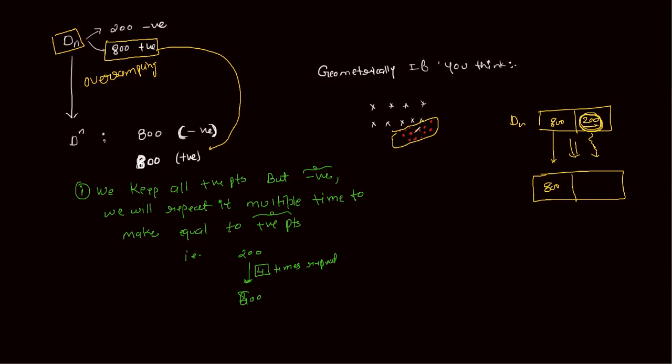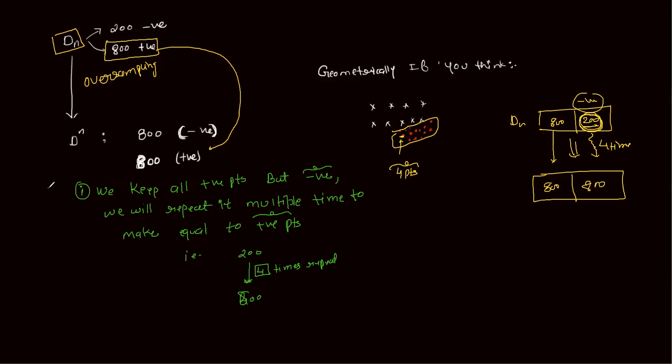I have to recreate the data points: one time, two times, three times, four times. So one point will be considered as 4 points. I have to repeat the data 4 times to make the negative points equal to the positive points, so this is going to be 800.